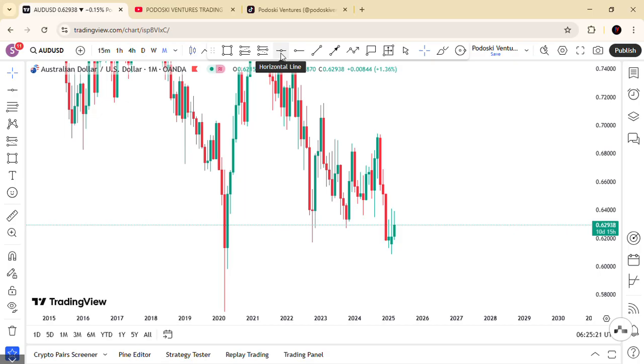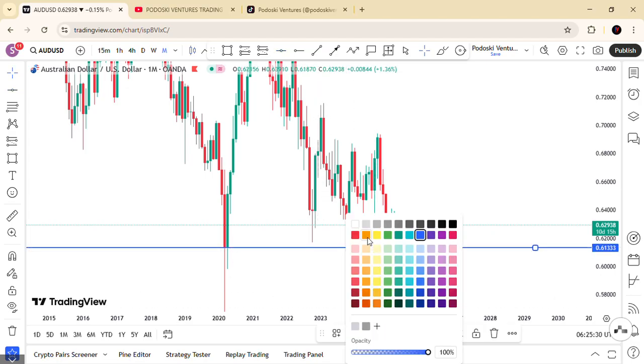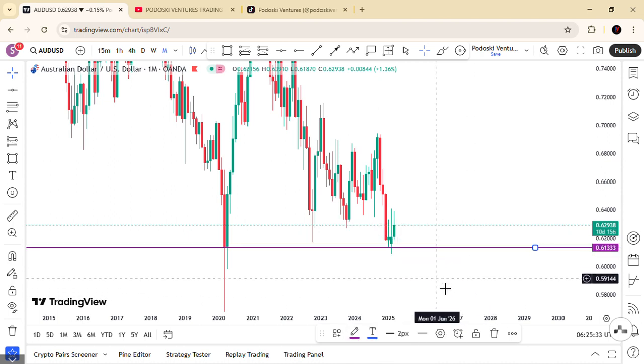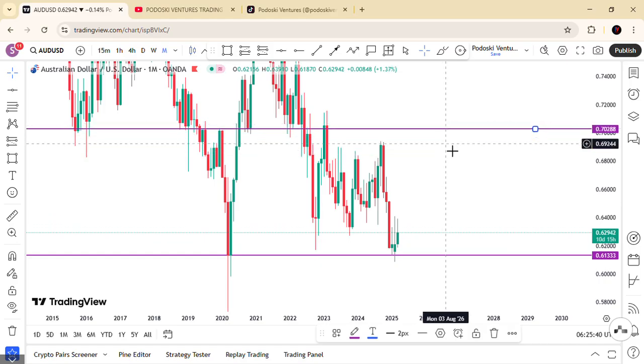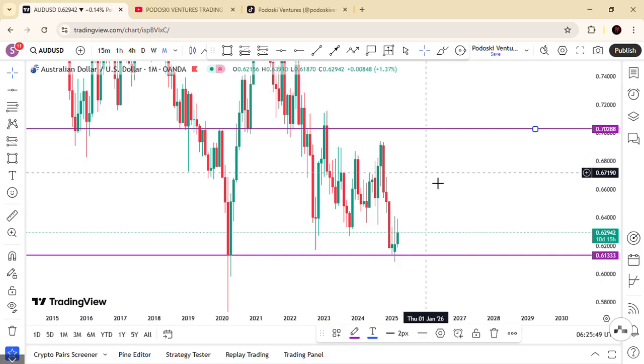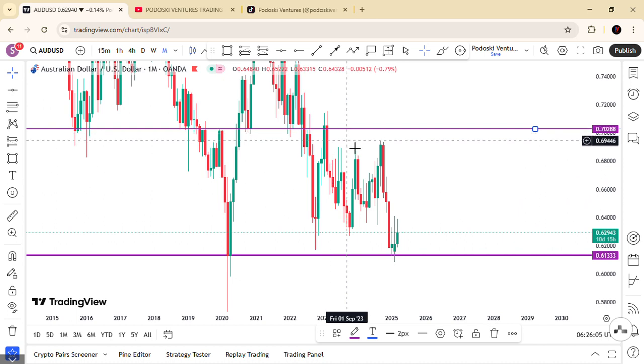Okay, so let's see. On AUDUSD, I have my monthly demand here and my monthly supply about here.